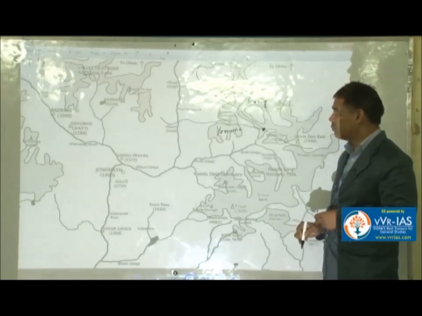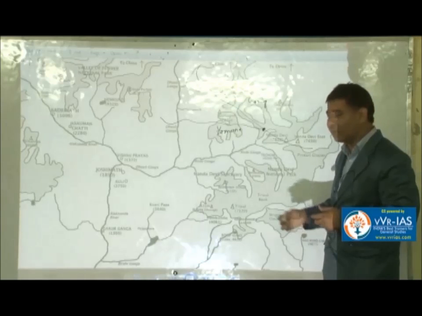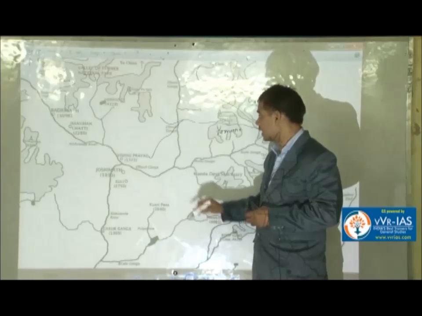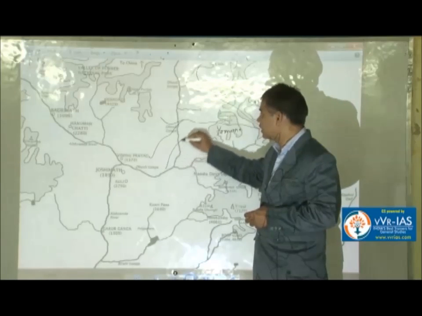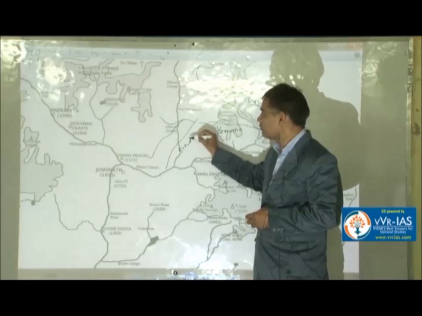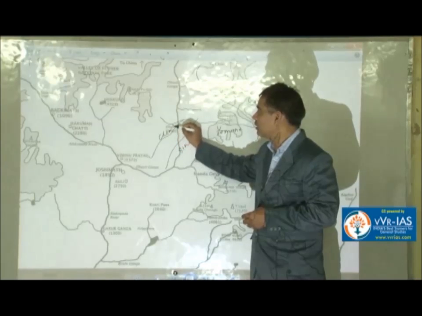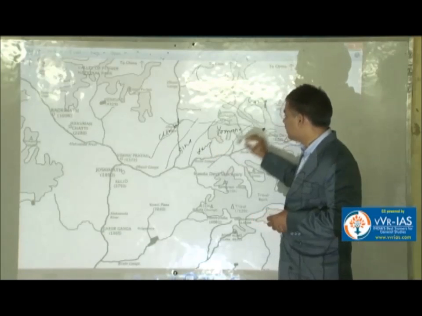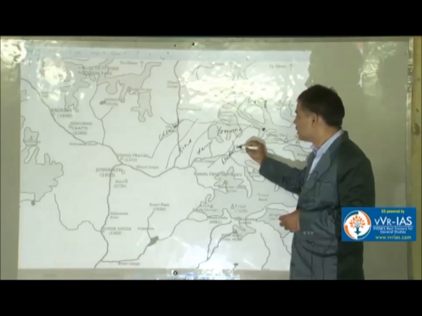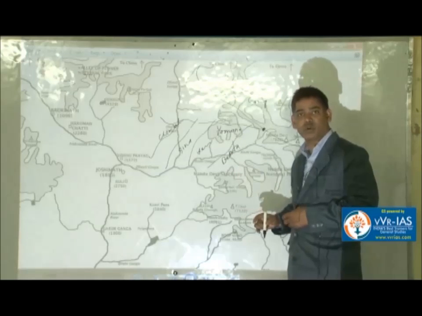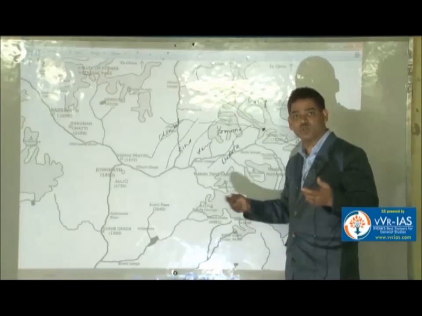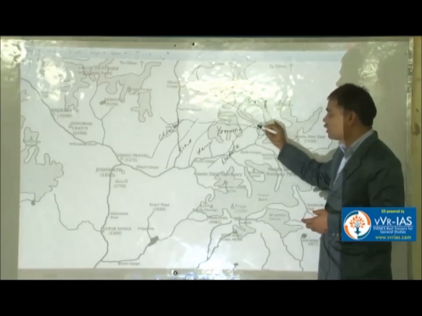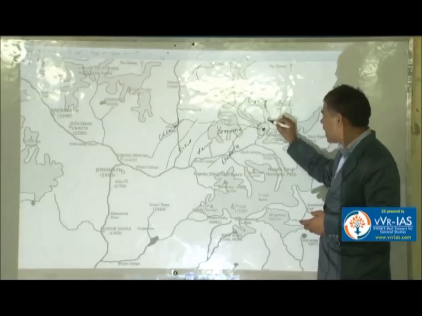Many rivers will come to meet Yamuna, like the Chambal river, the Sindh river, the Ken river, the Betwa river. These are the rivers which are coming from Madhya Pradesh, that is the peninsular India. Yamuna and Ganga will do the confluence at Allahabad.